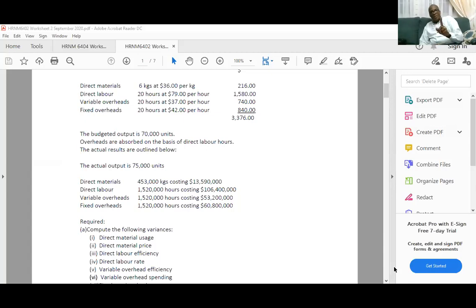And what leads us to do that? Because it says overheads are absorbed on the basis of direct labor hours. It means that your labor hours will be the same for variable overheads and fixed overheads as mirrored in the direct labor. So the hours are the same. And then if you have the hours and you have the figure to the right, you can work out the rate per hour, can't you?